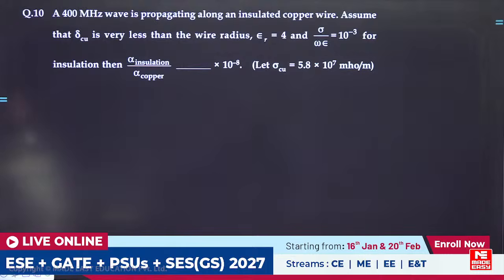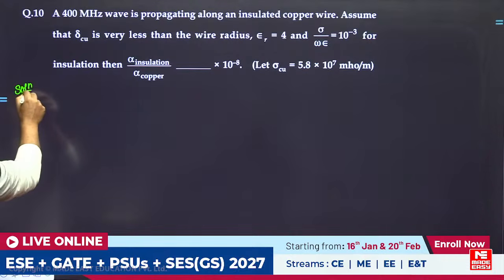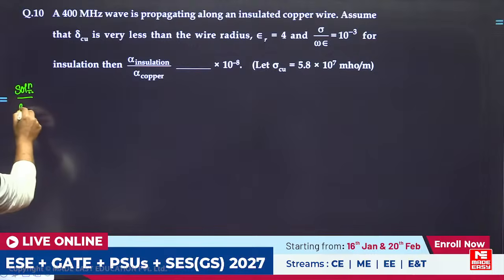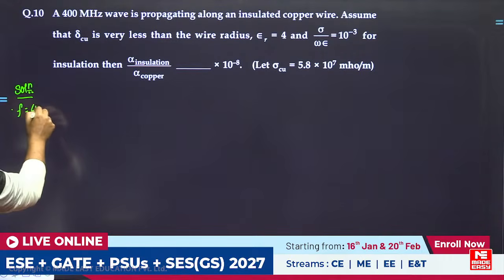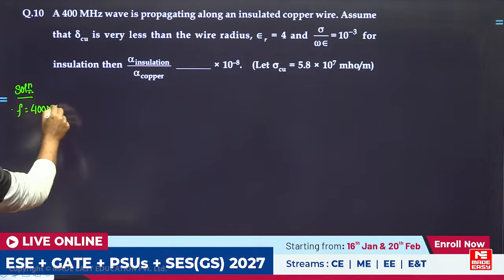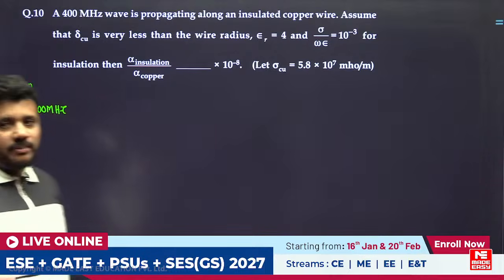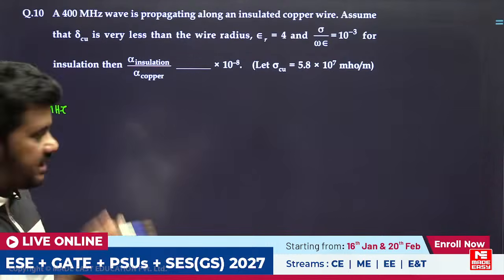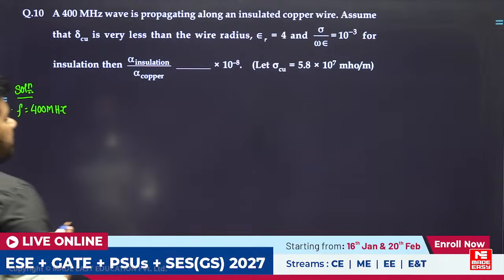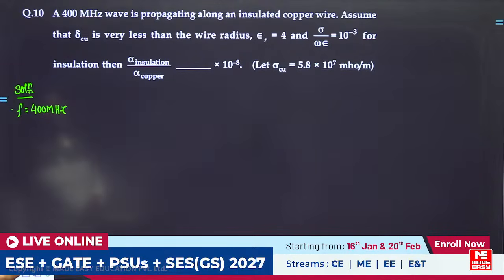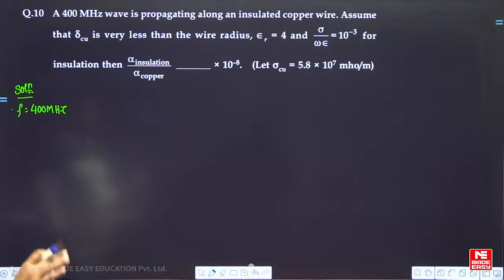Okay, so let us solve this question now. See here, the frequency of operation is given as 400 megahertz. It is propagating through an insulated copper wire, which means there is a copper wire insulated by some insulating material. Assuming that the skin depth of the copper is very much less than the wire radius.